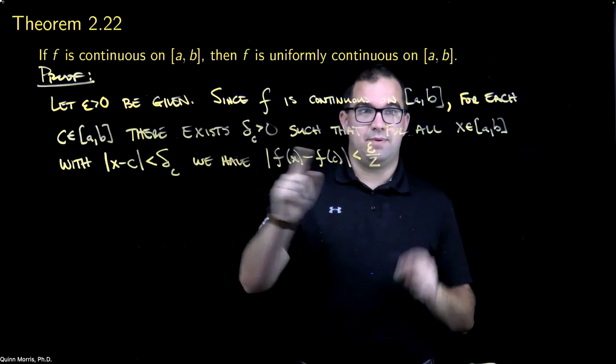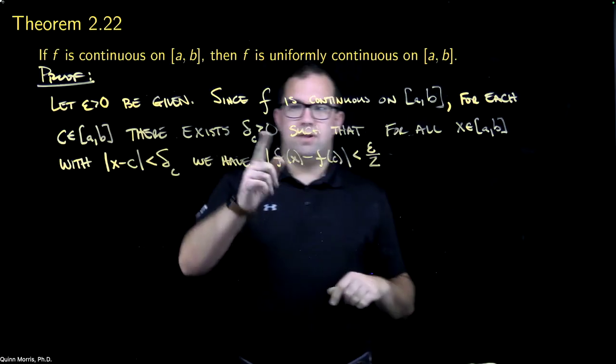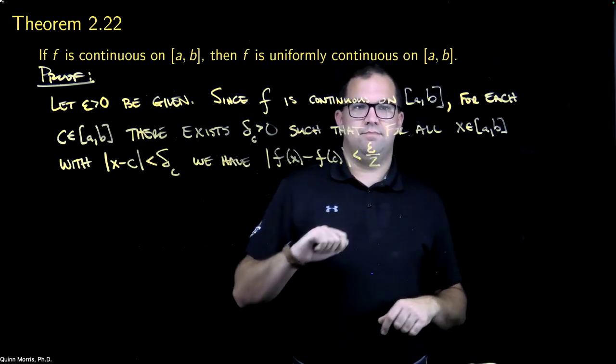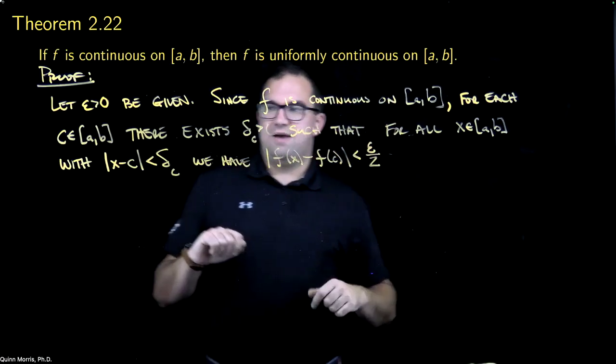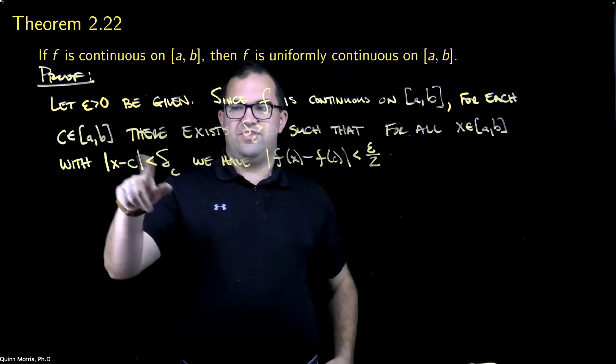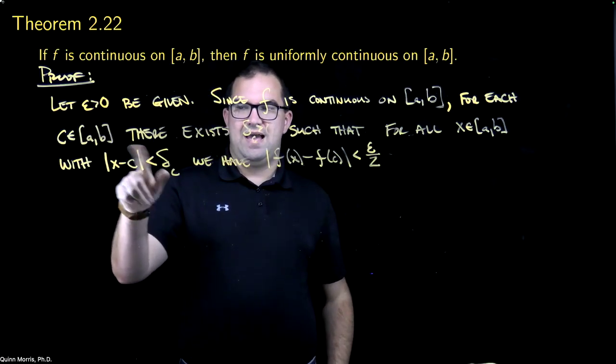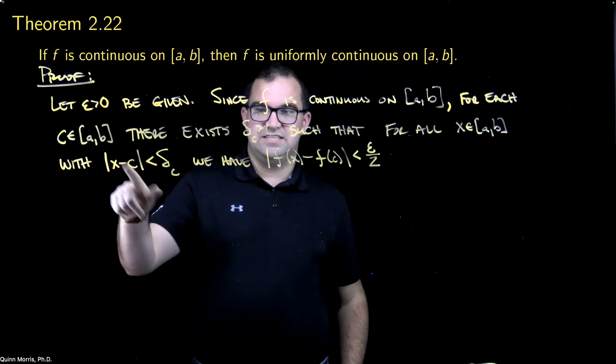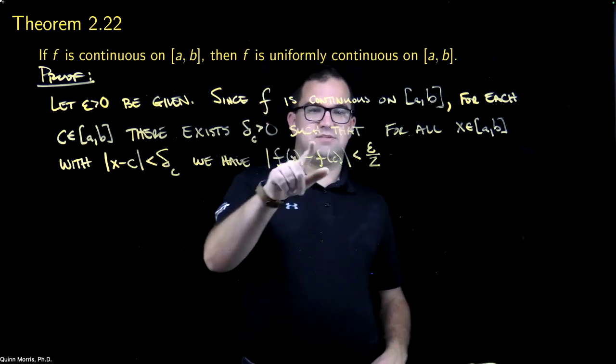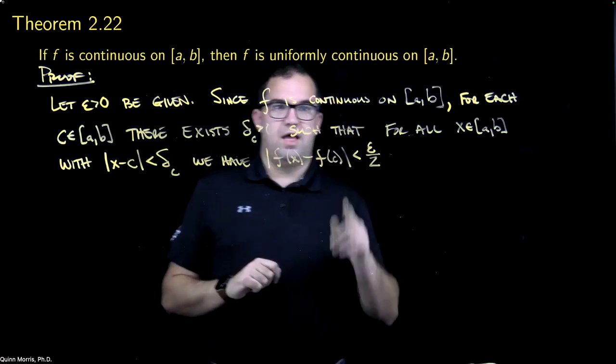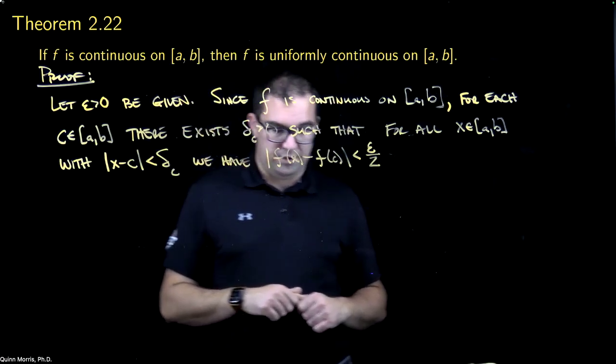Now that delta is going to depend on what C value I'm at. But I can choose a delta sub C such that anytime I have an x value in my interval that's within delta C of C, then f of x minus f of c must be as small as I'd like. And in this case, I want to make that less than epsilon over 2.